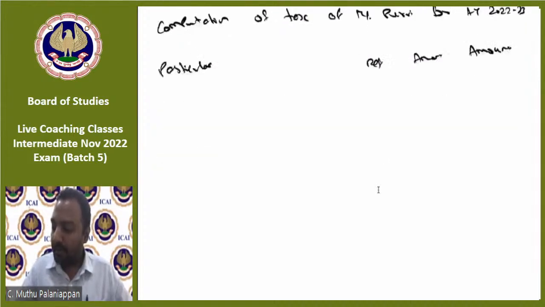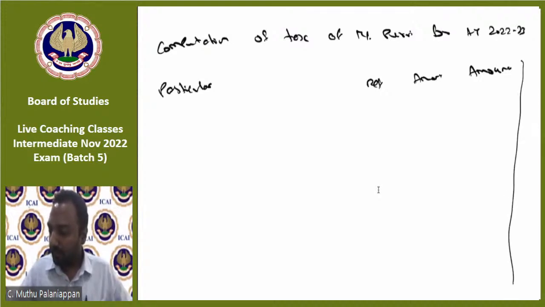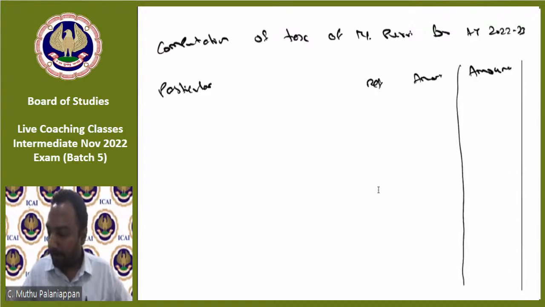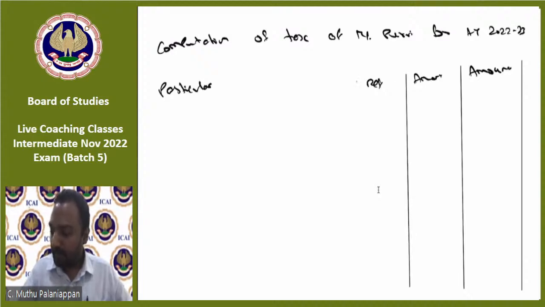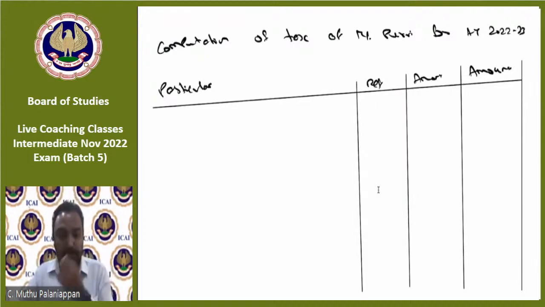It might be required, might not be required. We don't know. So what do you do? Draw lines. Okay, so that's it, right?